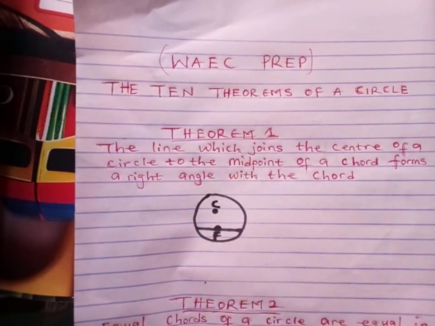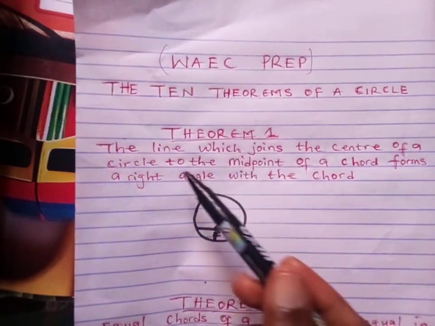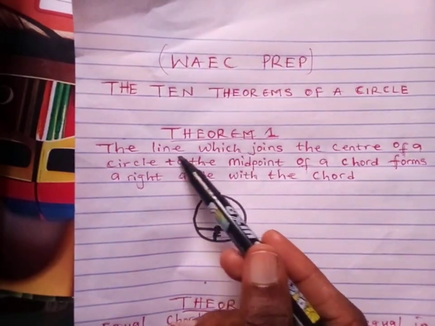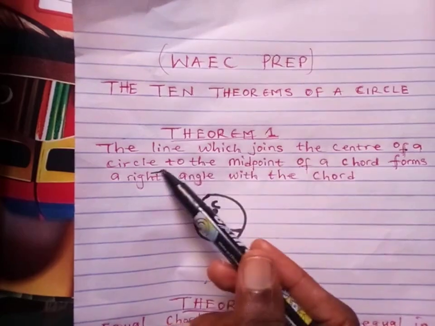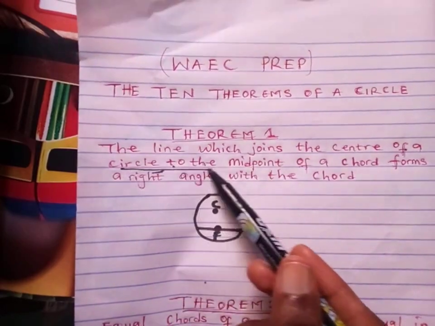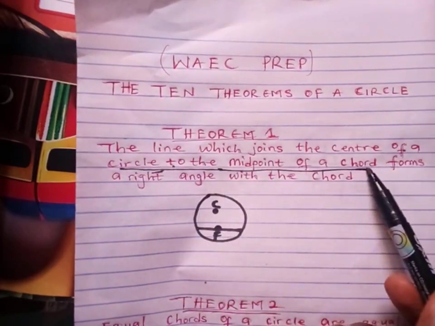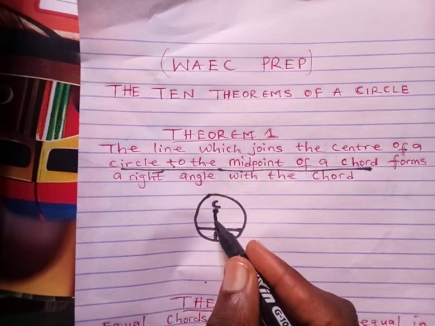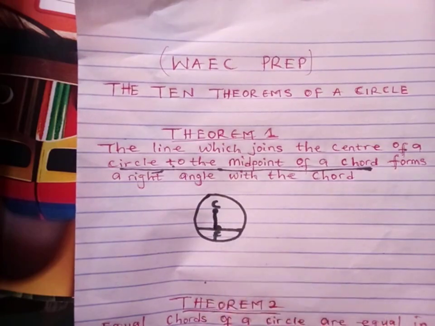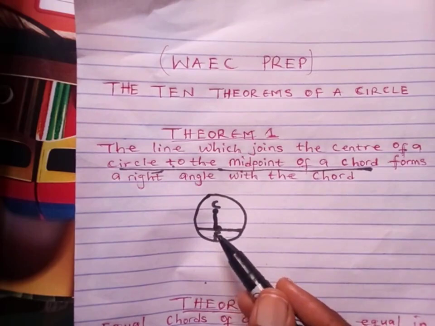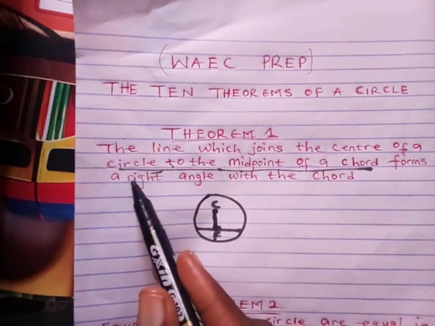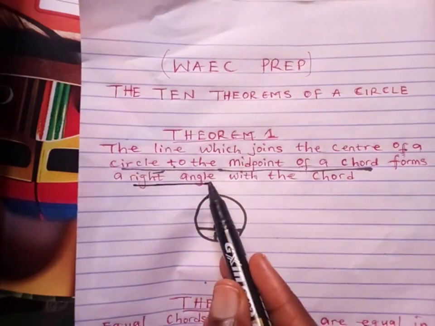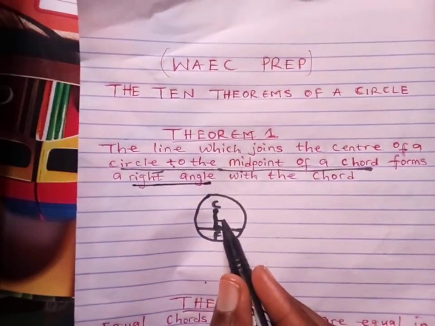Now, this first theorem is saying that the line will join the center of a circle to the midpoint of a chord. This is the line. It runs from the center of the circle to the midpoint of a chord. And we say that this very line will form a right angle. So this is a right angle here.